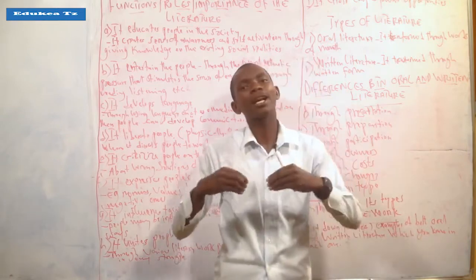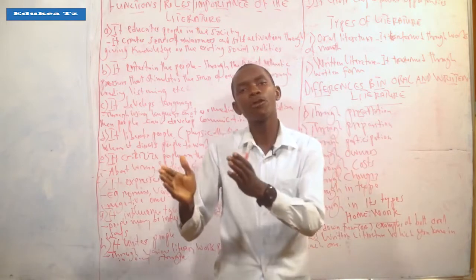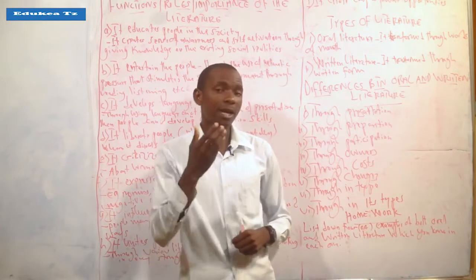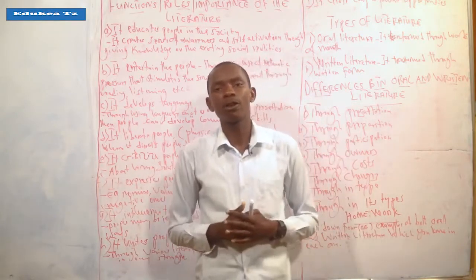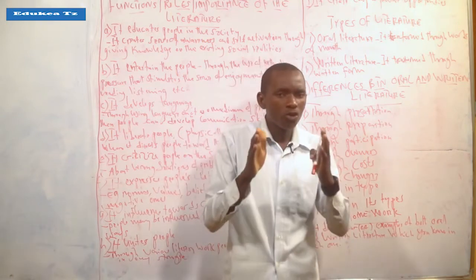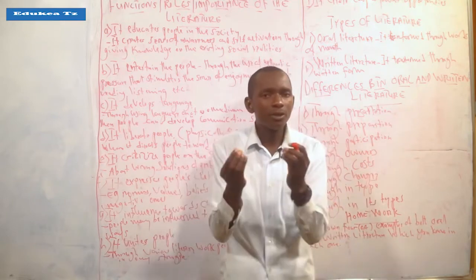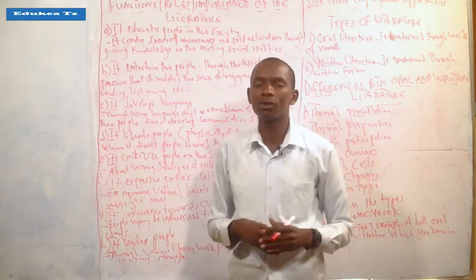So due to that, we can say that we learn language through a lot of literary works. And a vivid example of that, we have several songs in our country which have been composed by different artists. So you may see a lot of youth use some words which have been used in a certain song.